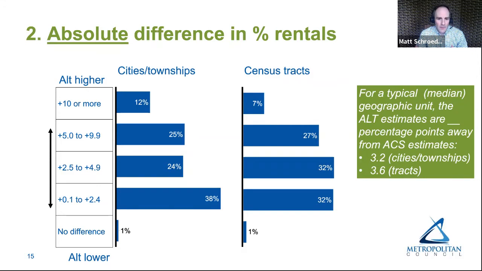It's tough to say, I guess, for a given set of purposes, whether this is sufficient, but a third or more of units in both cities and townships and census tracts are within 2.5 percentage points of each other, the alternative estimates and the ACS estimates. And then just looking at the median difference here, it's 3.2 percentage points for cities and townships, and then 3.6 percentage points for census tracts. So yeah, not too far off.